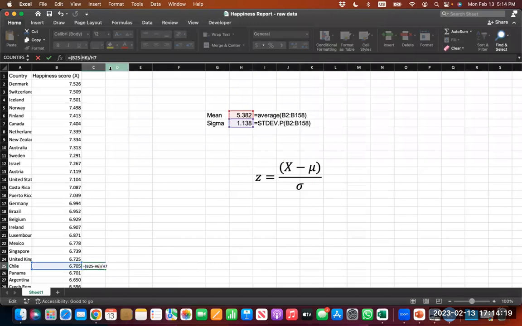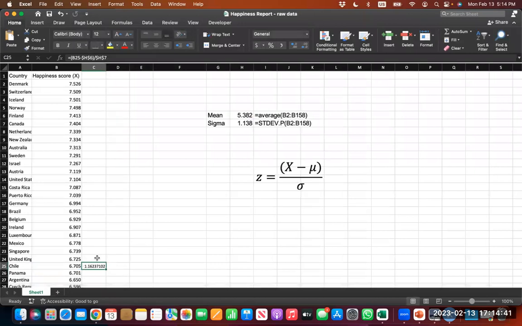Now we remember that we always need to lock in the actual reference value. If we wouldn't lock this in, it will drag it down. But if we lock it in, we can move this formula to whatever country we want. So we do $H$6, $H$7. So this would now be the z-score of Chile.